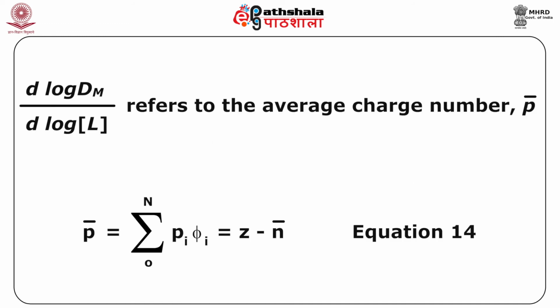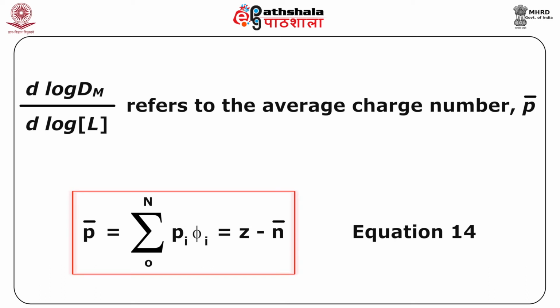The term d log Dm divided by d log L refers to the average charge number. The average charge number is related to the ligand number by this particular equation as depicted in equation 14. It is represented by P bar.